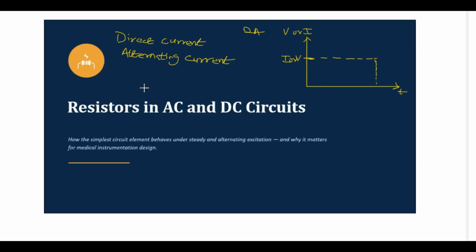But alternating current is a current that changes direction periodically. If it's an alternating current that we are dealing with, you are going to have something of this nature. If this is the vertical axis and you have the horizontal axis, time, then you have your current or voltage.